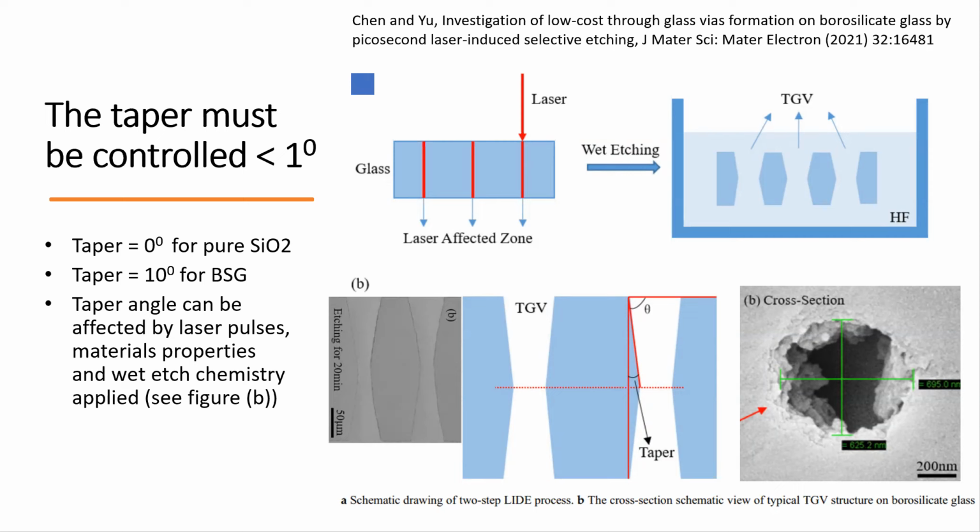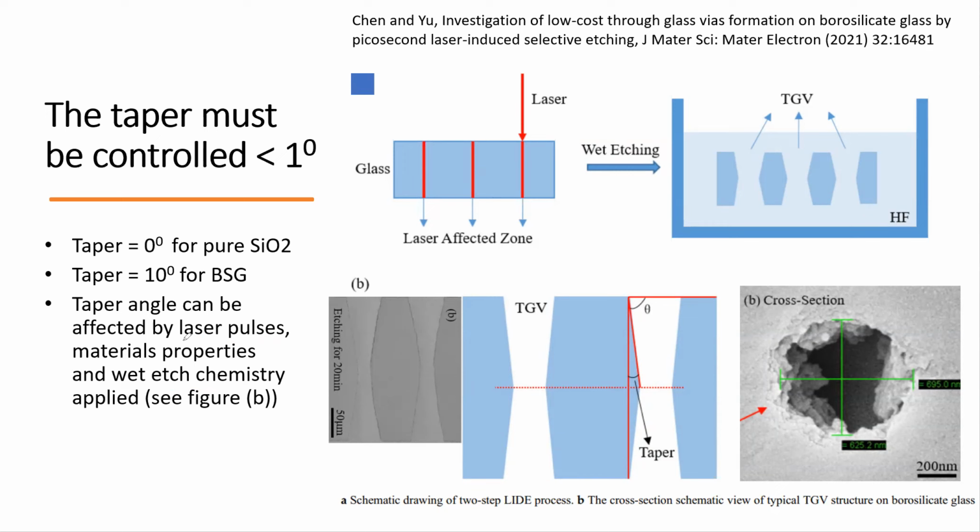And it turns out there are many ways to control it. You could use laser pulses, you could change the composition of the BSG, and your wet etch chemistry. This one, you etch for 20 minutes, you get this shape. If it's 10 minutes, you get that shape. So you could do a DOE pretty much to modify the angle.